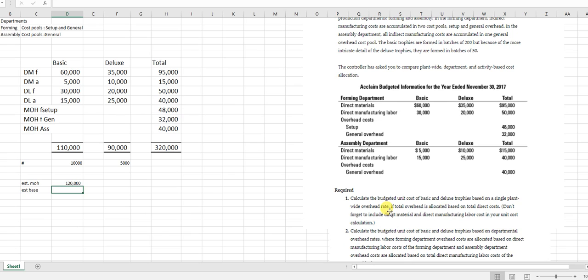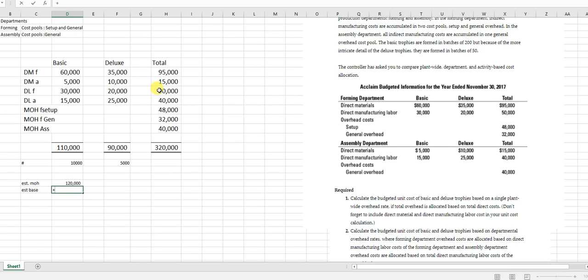And it says if total overhead is allocated based on total direct costs. Don't forget to include, etc. So I need total direct costs, not direct labor costs.